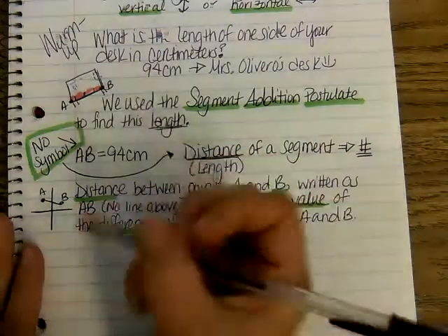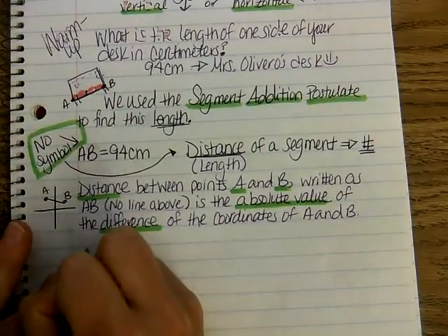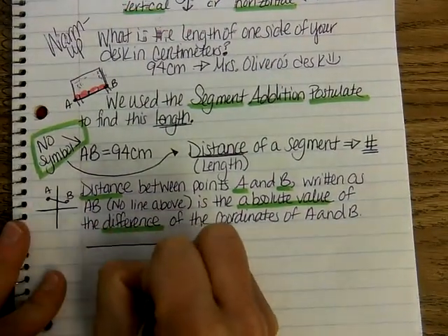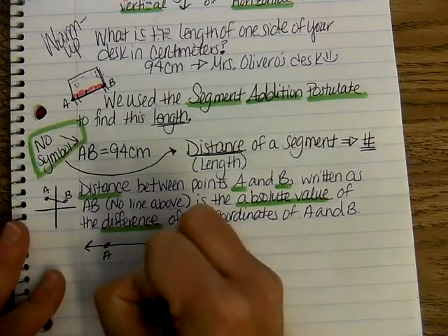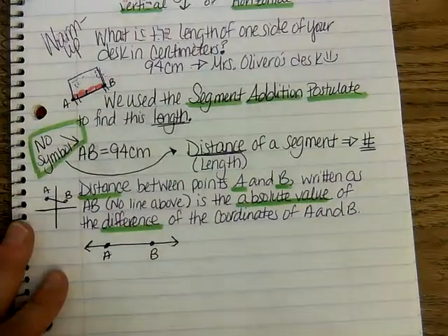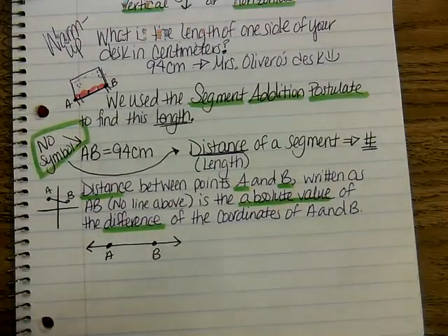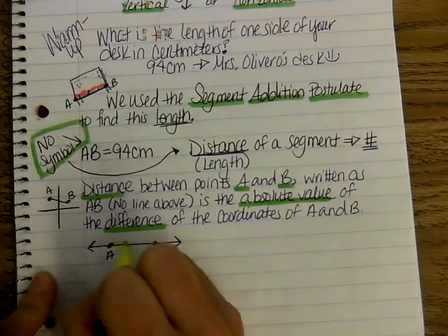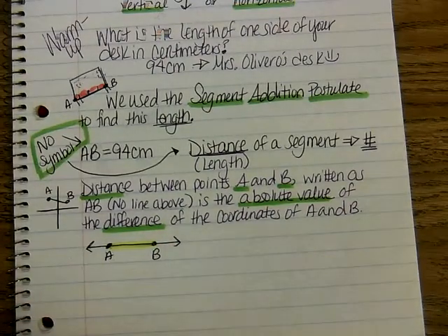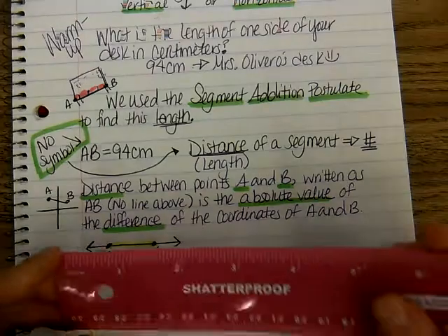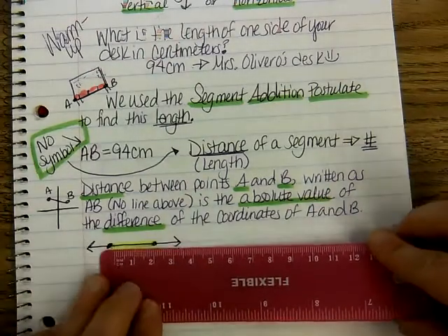So if we were to look at a line with point A on one side and point B on the other side, and if we wanted to identify the length of AB, just that piece right there, we would get out a ruler, or we would look at what it says.